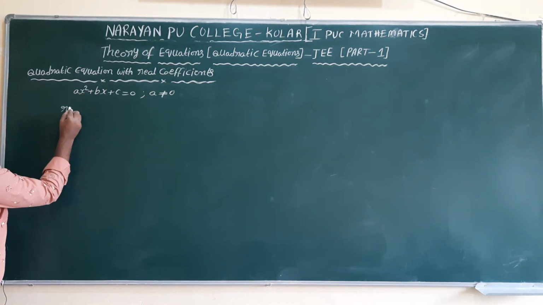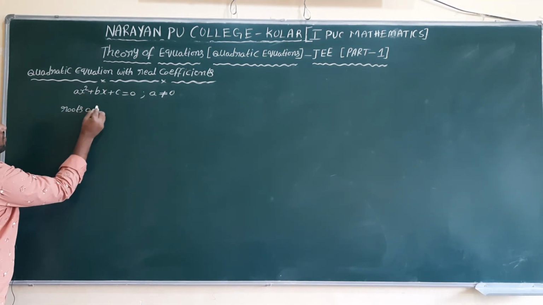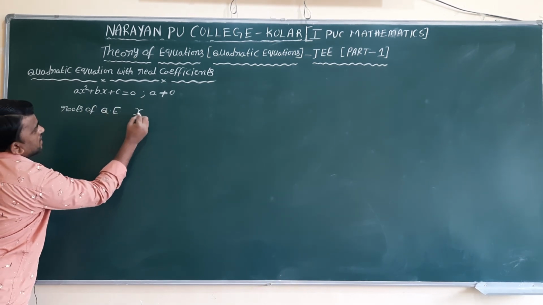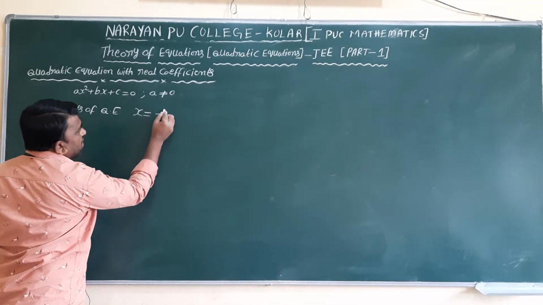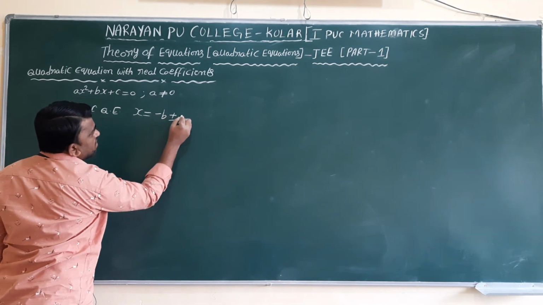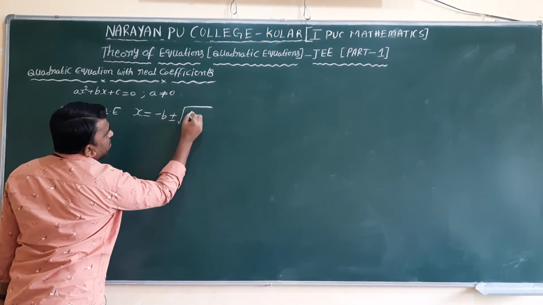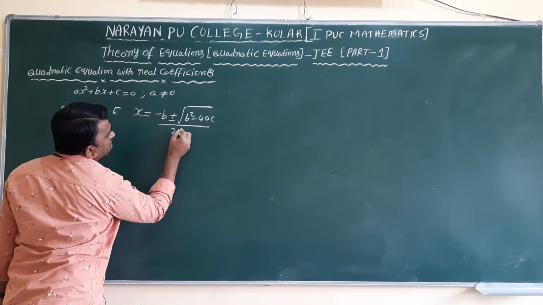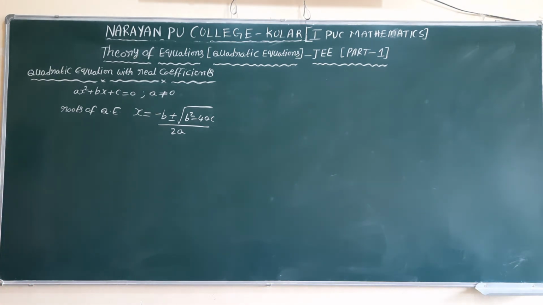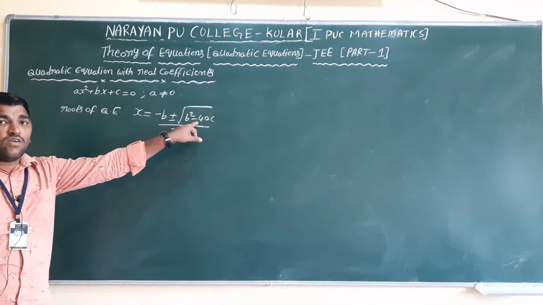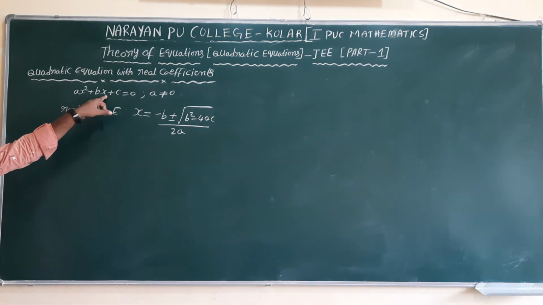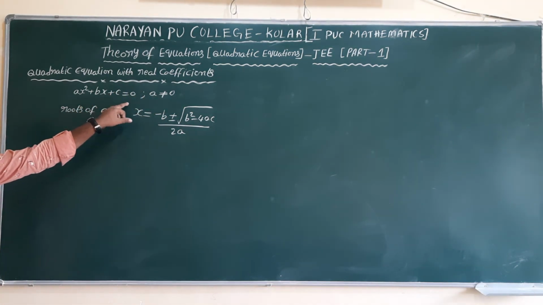So the roots of the quadratic equation: x equal to, we know the formula, minus b plus or minus square root of b square minus 4ac by 2a. Here b square minus 4ac we can call the discriminant of the quadratic equation ax square plus bx plus c equal to 0.